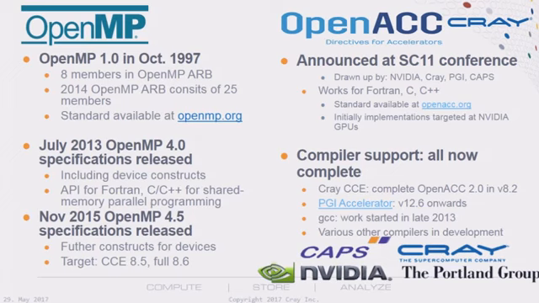On the other side, OpenACC was announced at Supercomputing 2011, and then implemented in different compilers: Cray, PGI, also CAPS.